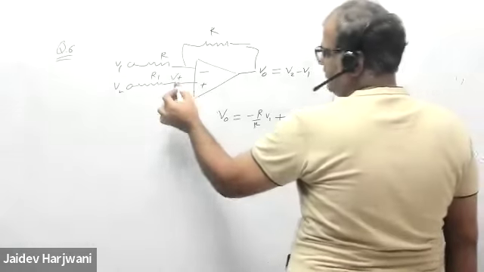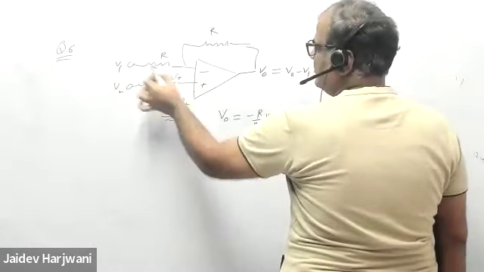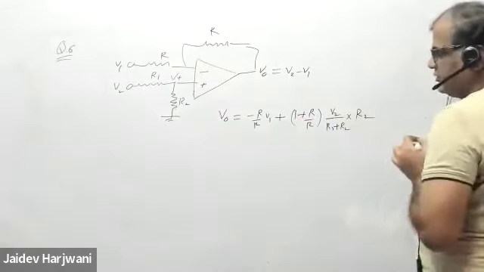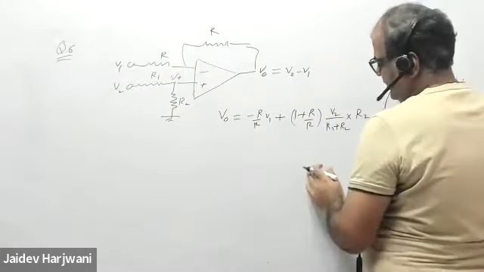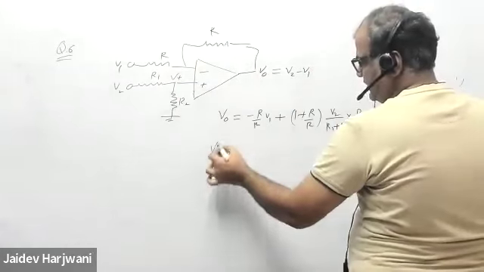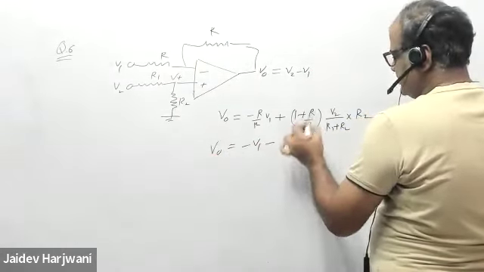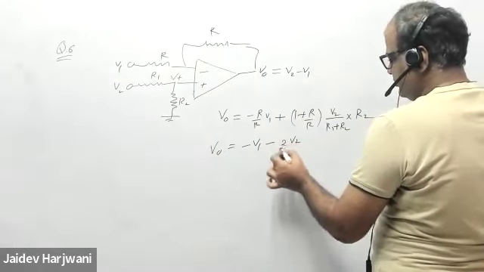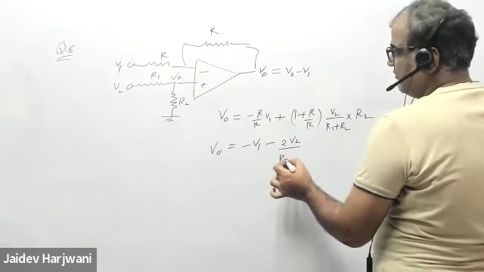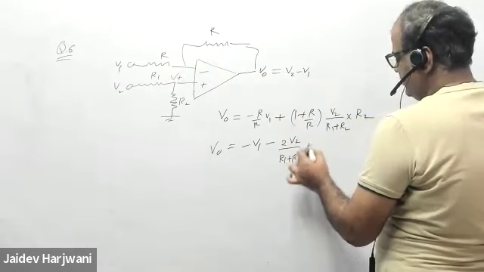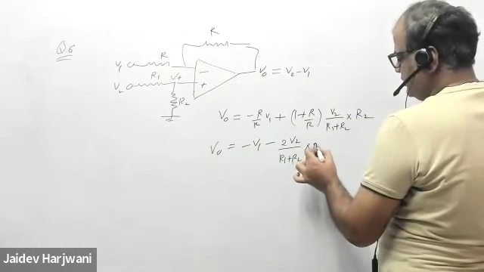Or you can apply KCL, then also you can write this equation. Now my V naught is minus V1 plus 2 V2 times R2 upon R1 plus R2.